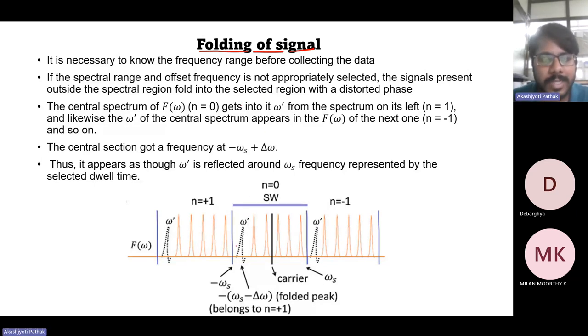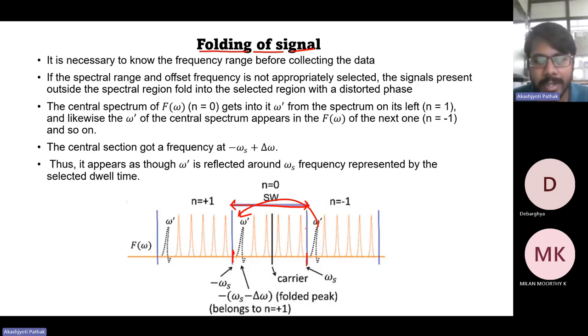So as you can see in this figure, for example, this is the spectral width, from here to here. So if the spectral width is not appropriately selected, then what will happen? The signals which are present outside the spectral region, this is our spectral region, they fold back into the selected region with a distorted phase.